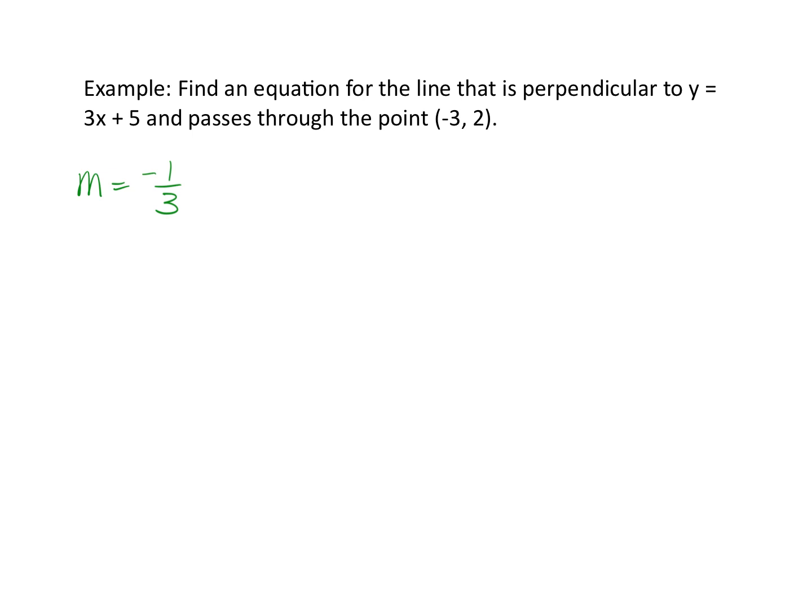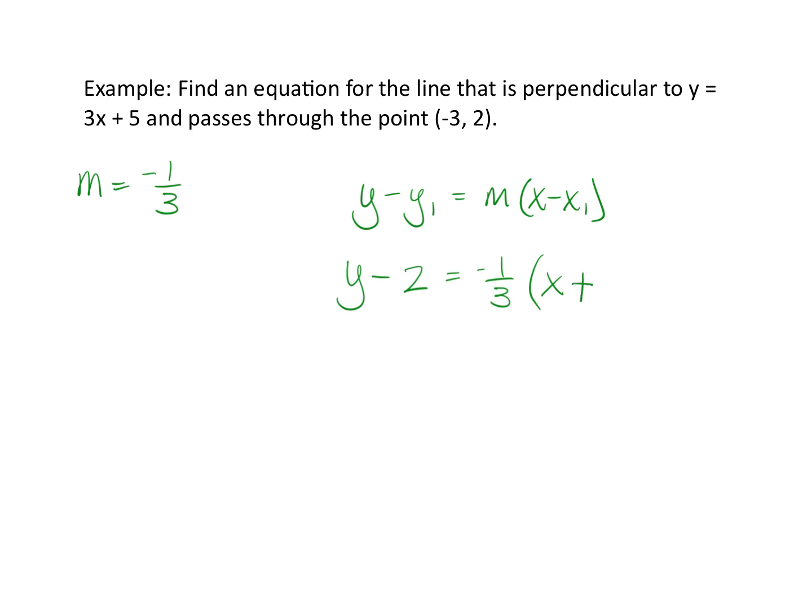So now I know the slope and I know a point, and they just said find an equation, so I'm going to use the easiest one when you're given the slope and a point, which is point slope form. And I'm just going to plug in my points. So my y coordinate is 2, my slope is negative 1/3, and my x coordinate is negative 3.